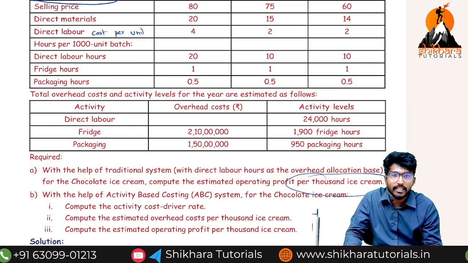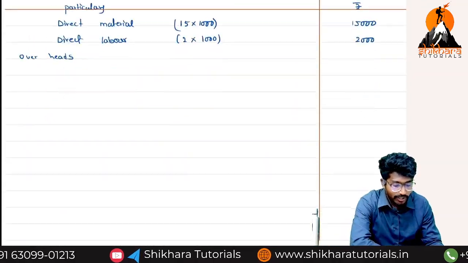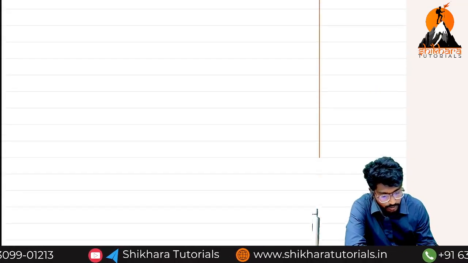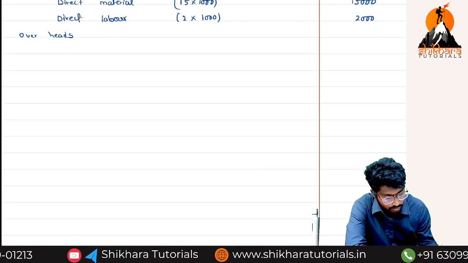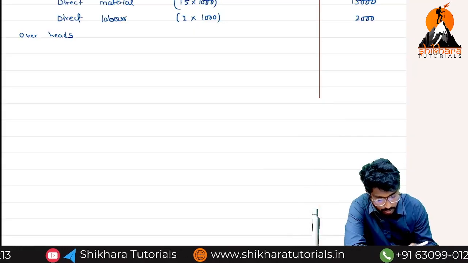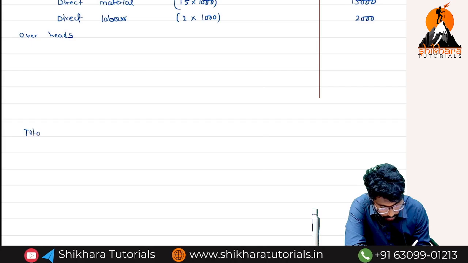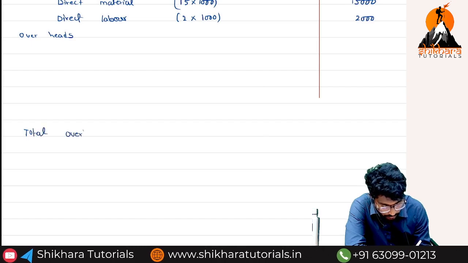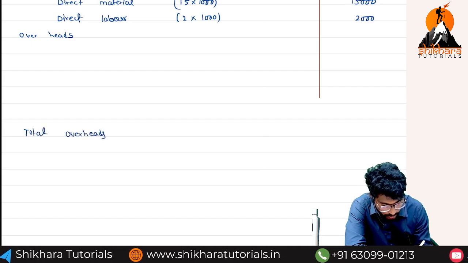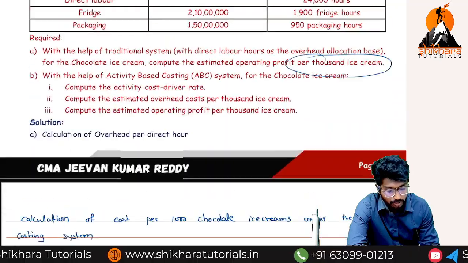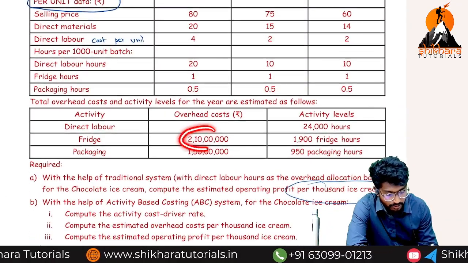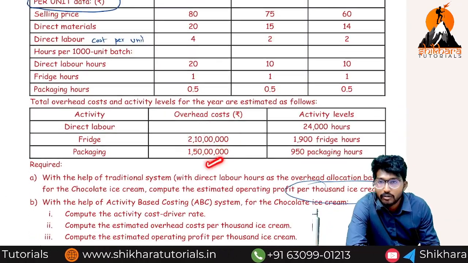Direct labor hours as an overhead allocation base. Now what are the total overheads we have? Total overheads is equal to, for fridge it is 21 lakhs, for packing it is how much?